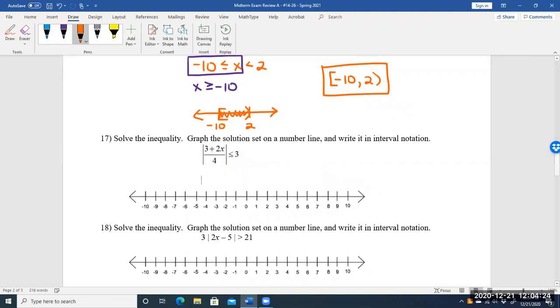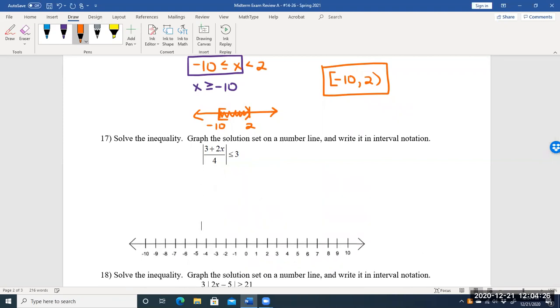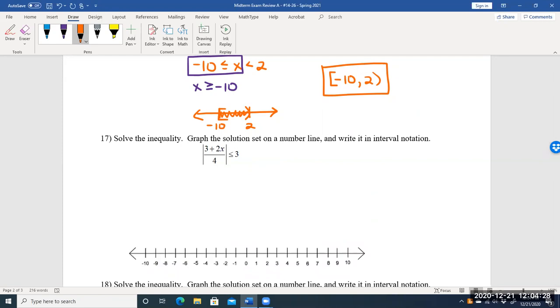All right, let's take a look at 17. So 17 is an absolute value inequality, and we have this definition that I'm going to use.